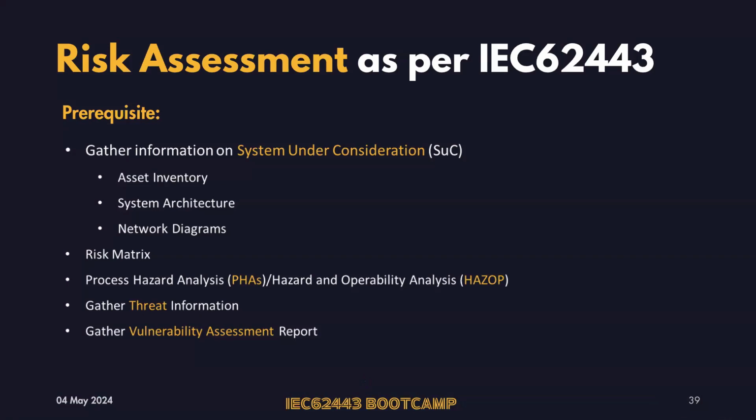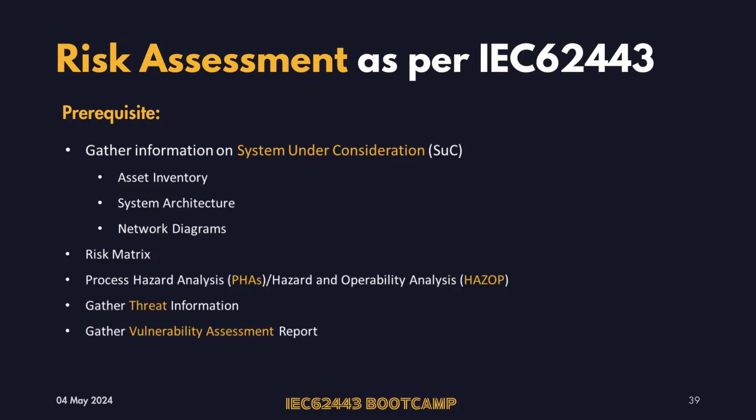It could be a system architecture, or it could be one component. Many of you are working in the OT domain, or if you are from IT, there will always be a system on which you are performing the risk assessment. For this, you can collect the asset inventory details from the end user.